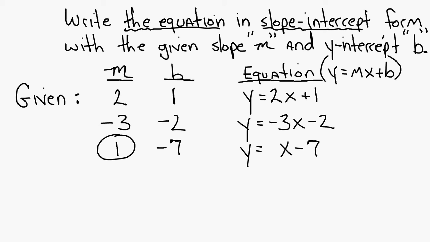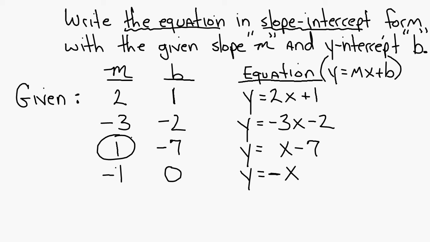Just like if the slope is -1, and the y-intercept is 0, this equation would look like y equals, just the negative sign would be here, -x. And then if you remember from the last example, you don't write the +0.